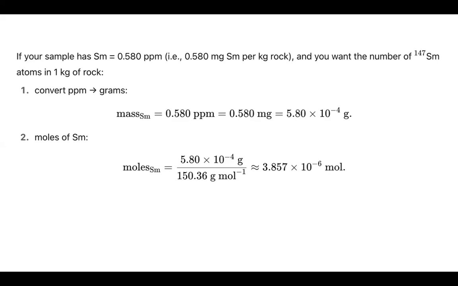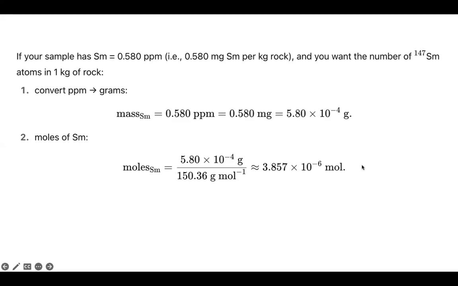So we want to get the relative abundance of 147 samarium. We know the mole amount. That is the amount that you have, irrespective of whether it is a kilogram or whatever. The amount of moles in the sample you analyzed is this much, because we divided by the atomic weight and got the mole.